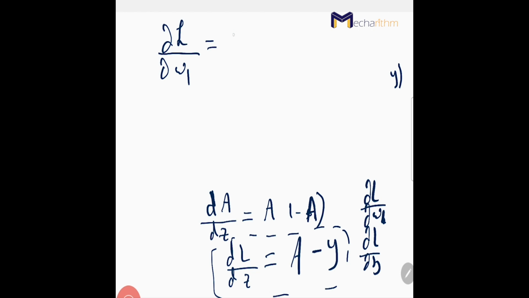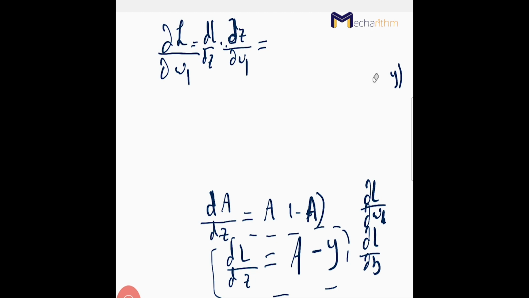It needs to be the partial derivative of Z with respect to W1, and we have to multiply that by dL over dz. So we need to include partial L, or dL in this case, dL over dz times partial z by partial w1. So basically, z is a linear function of w1.